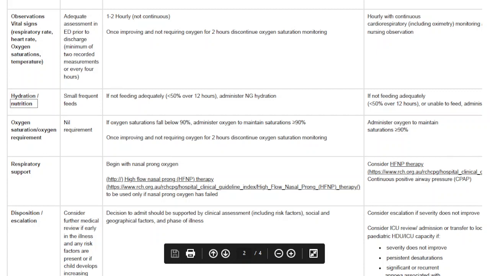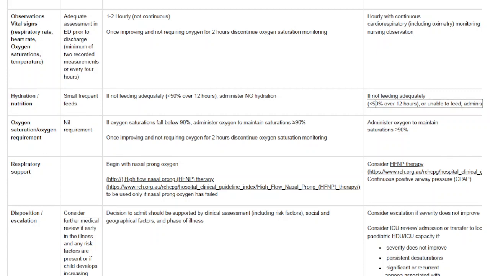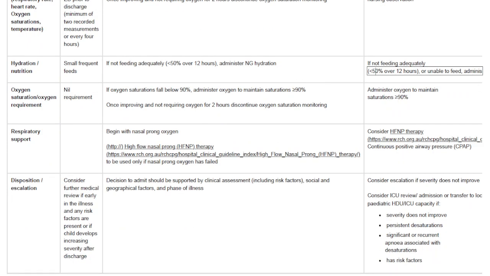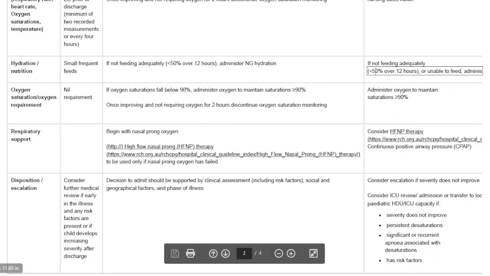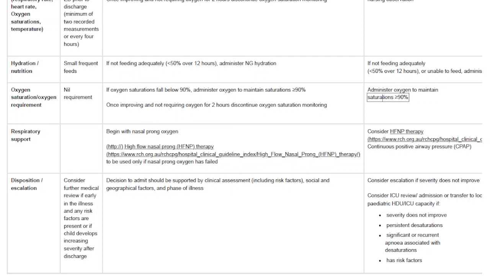Hydration, nutrition: if not feeding adequately, less than 50% over 12 hours, or unable to feed, administer NG hydration. Oxygen saturation requirement: administer oxygen to maintain saturations greater than or equal to 90%.